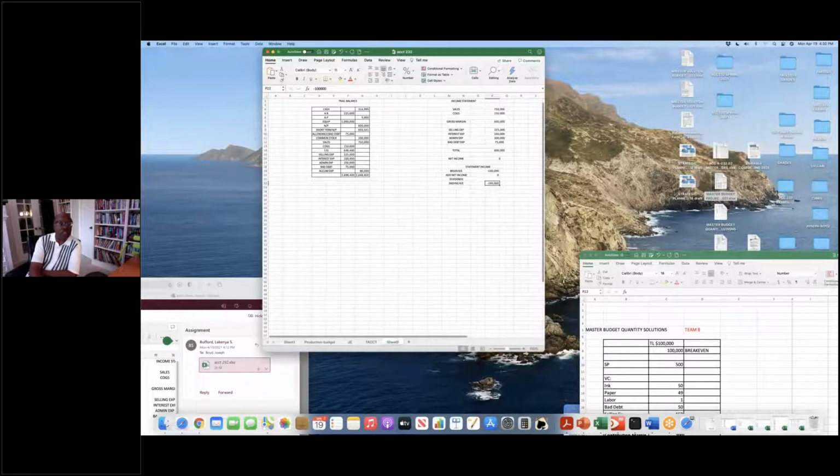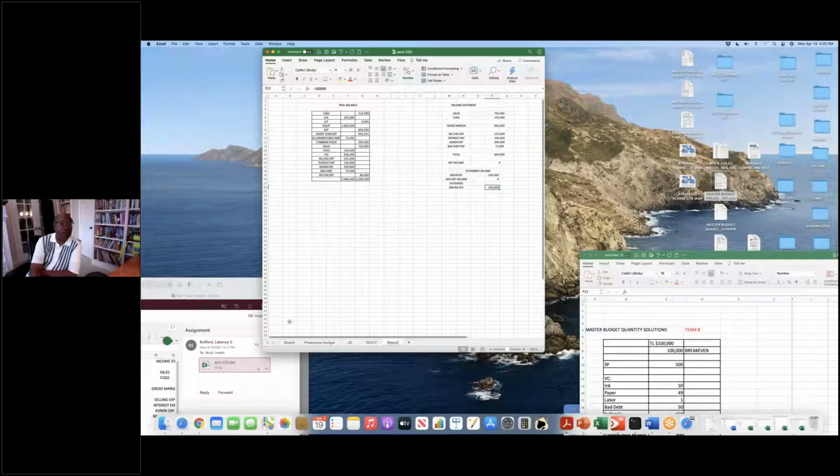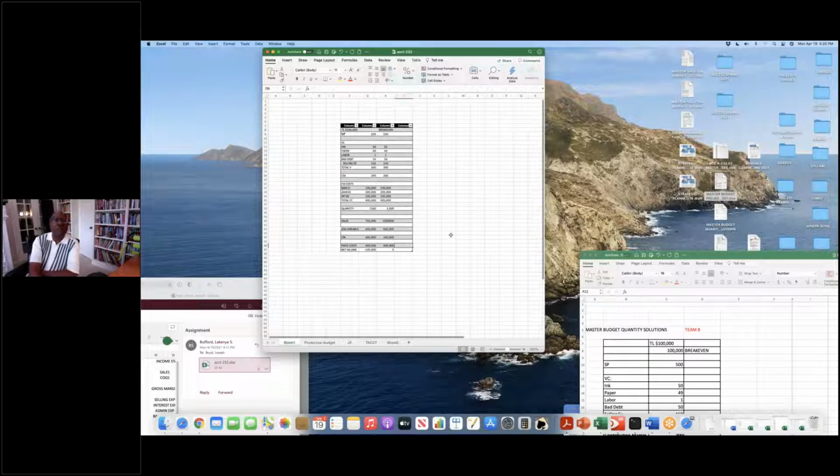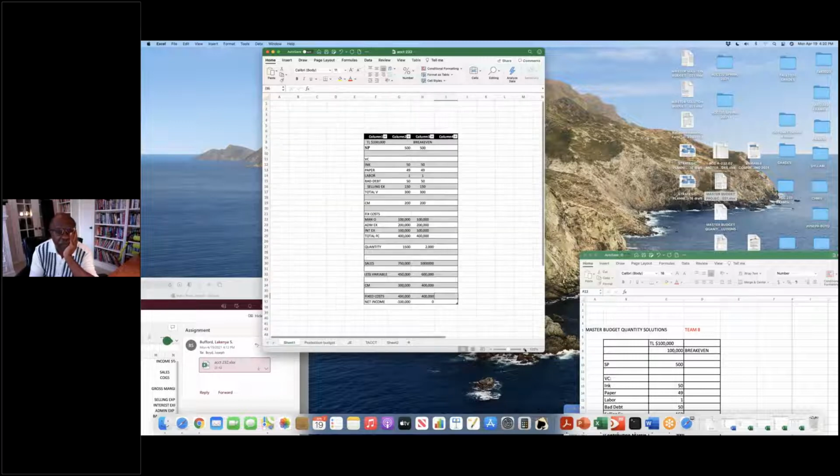Is this what you sent me? Just do the production budget. I just put that in a little table. These are quantity solutions here. Can everybody see that?